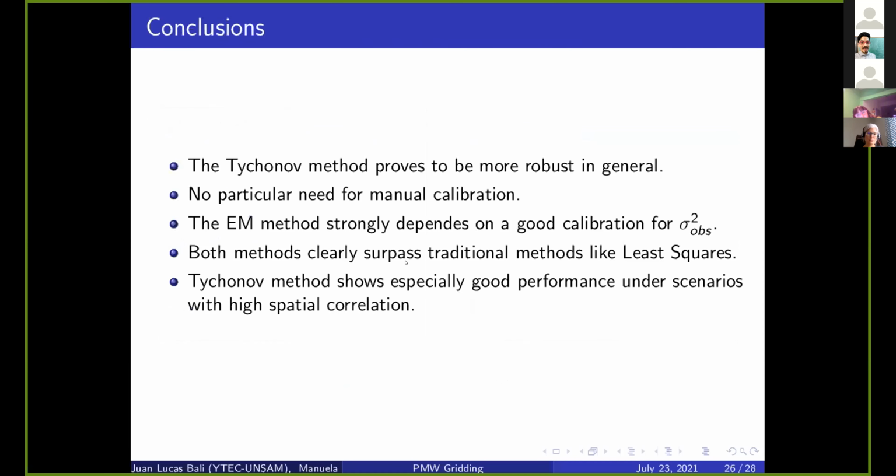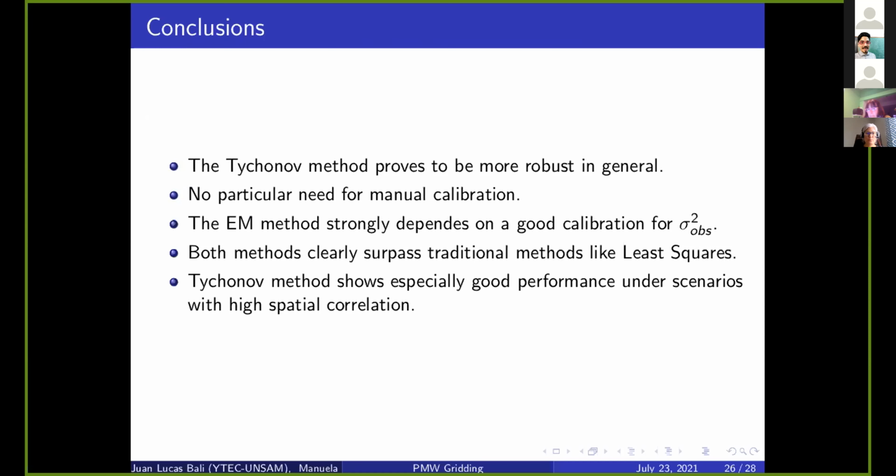Well, to conclude, in general, the Tikhonov method is essentially as effective or even more effective than the previous method, expectation maximization, but with no calibration needed because it has a very fast cross-validation procedure. It does not need calibration for the observational error. Both methods clearly surpass least squares, which is very basic, and they also surpass other methods.